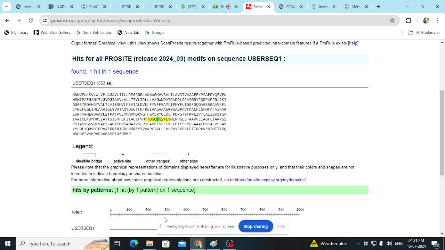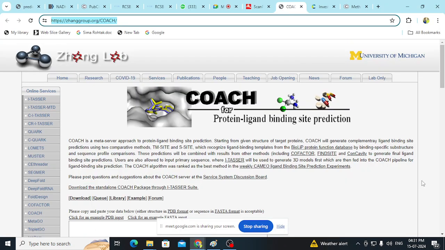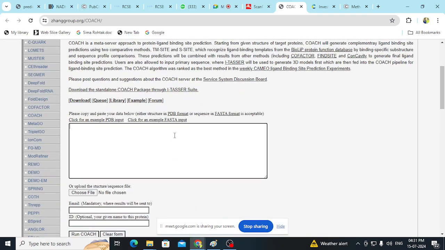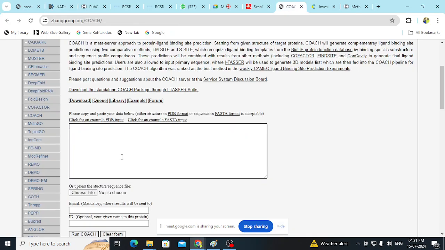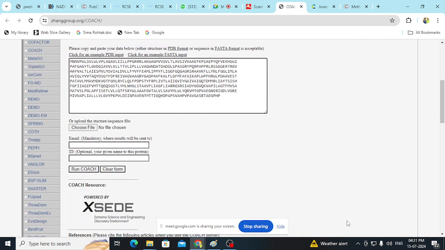So, we have one more tool which will give us one more layer of ability to predict. What we'll do is add a FASTA of this protein to the server called COACH, and then run the tool.